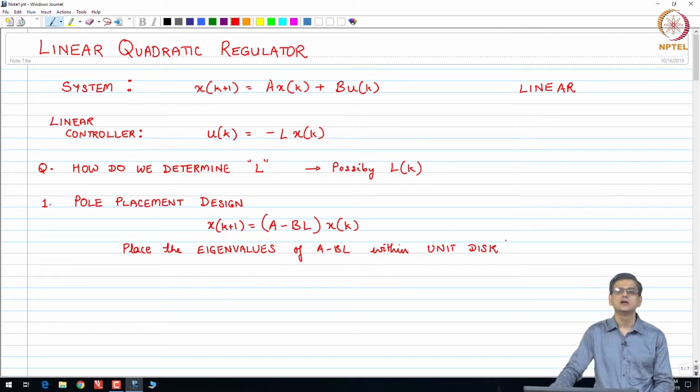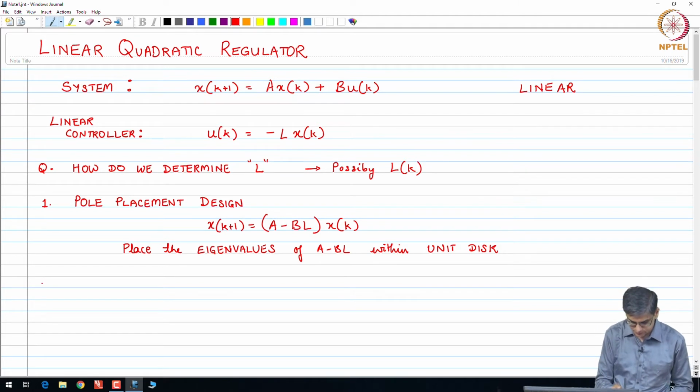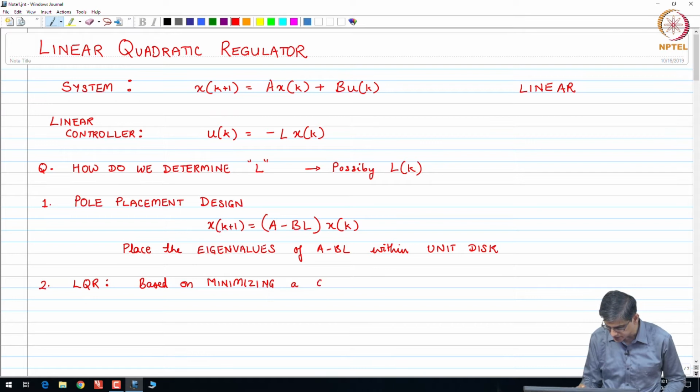And then there are different approaches in order to determine what that linear controller is going to be. One of those approaches is the LQR, and that is based on minimizing a quadratic objective.